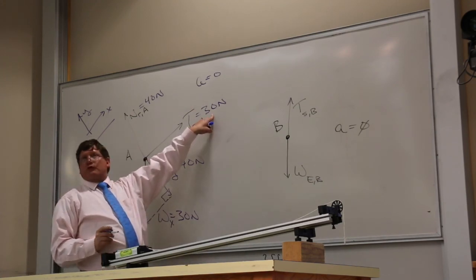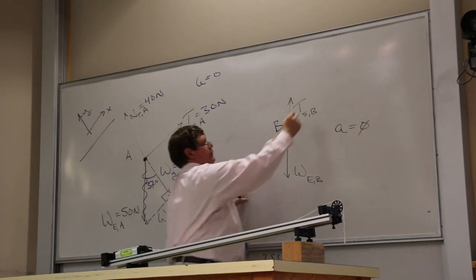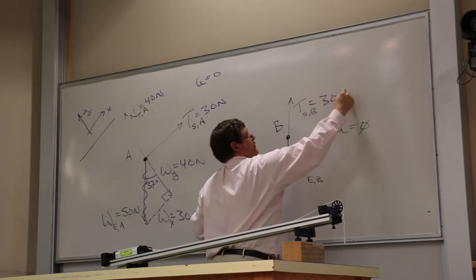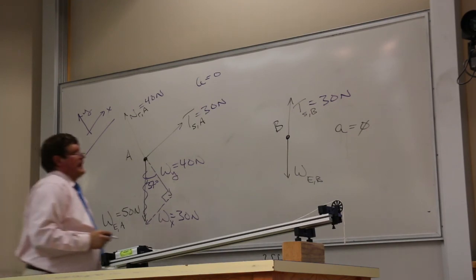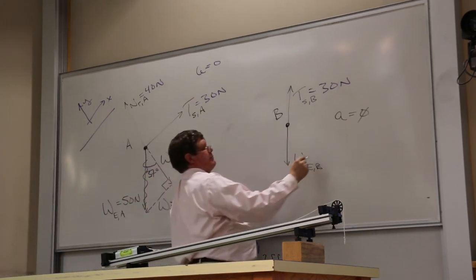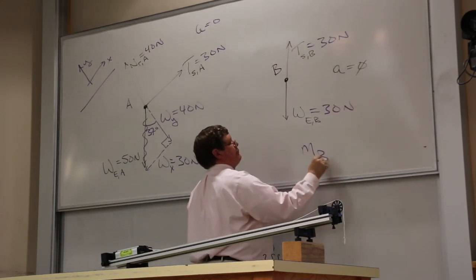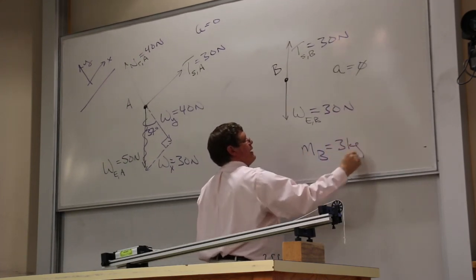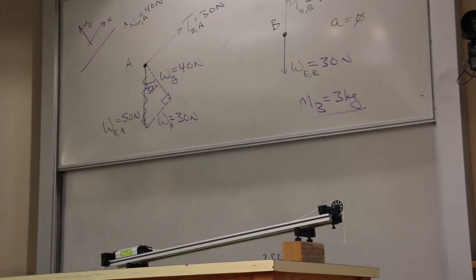Now, if this string is pulling 30 newtons on A, it's a massless string, so it's pulling 30 newtons on B by the law of massless strings. If this diagram has to scream balance, the weight force is 30 newtons, which means the mass of B is 3 kilograms. We'll go over that in more detail and a little slower on Wednesday.